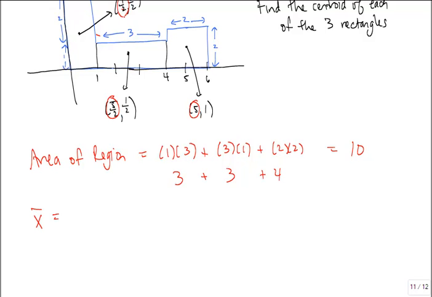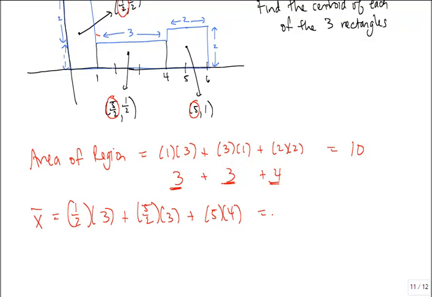So our first x value is 1/2. And the area of that rectangle was 3, this first one right here. The middle rectangle has an x value of 5/2, and its area was also 3. And then the last square had an x value of 5, and its area was 4.